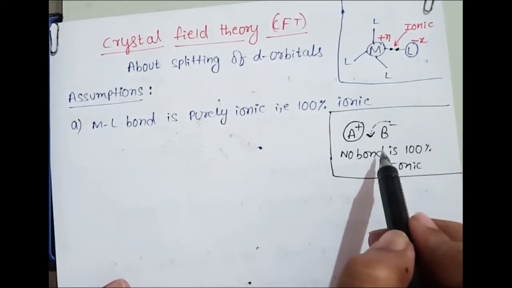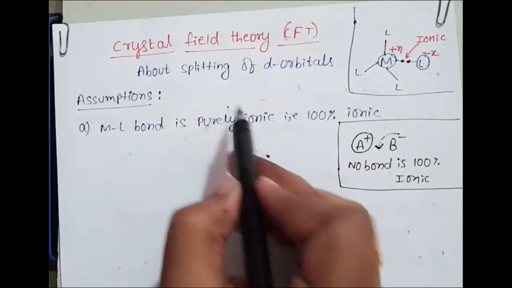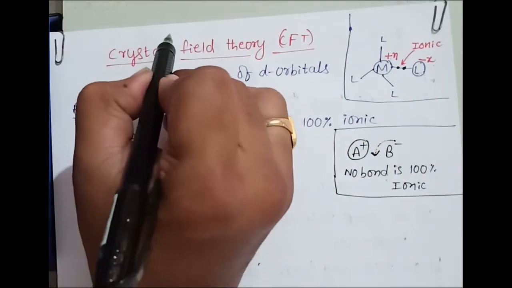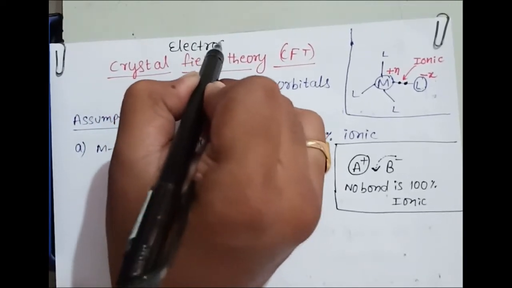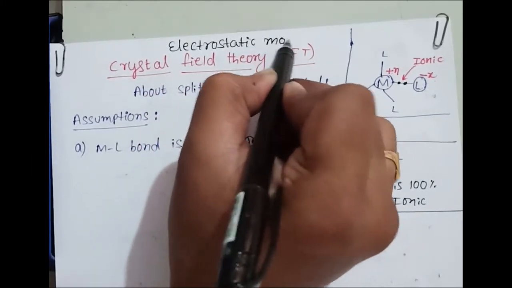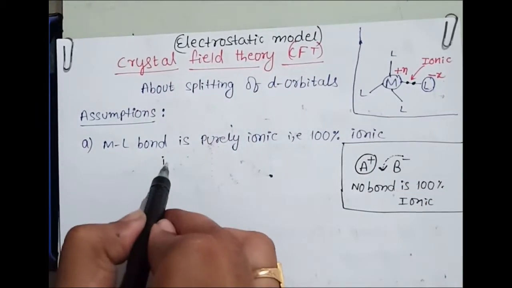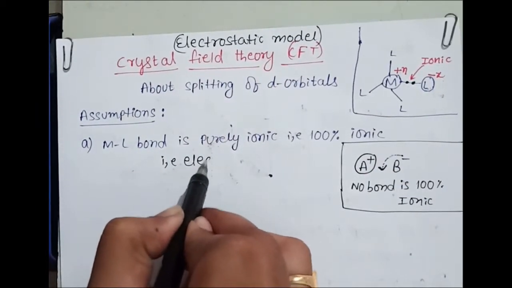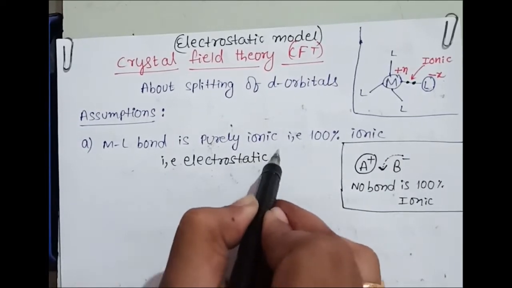That is why this crystal field theory is also known as the electrostatic model, because the ionic bond is also known as the electrostatic bond.